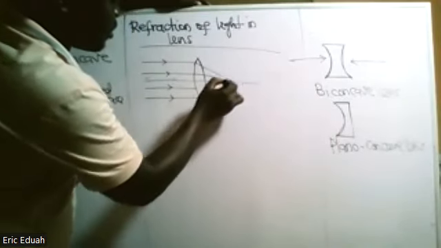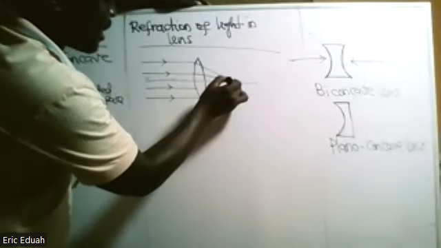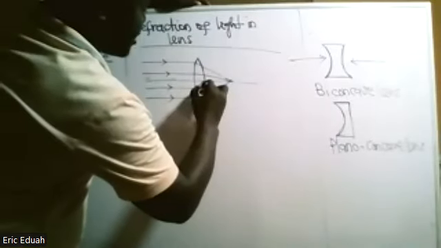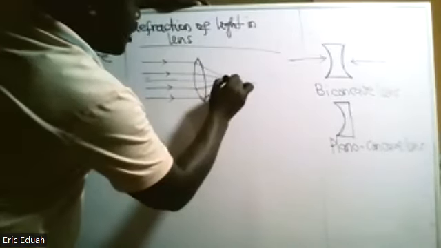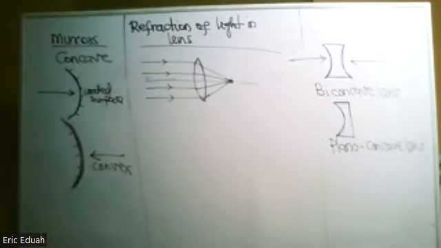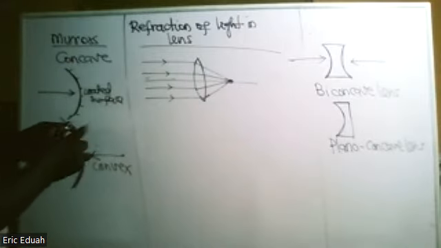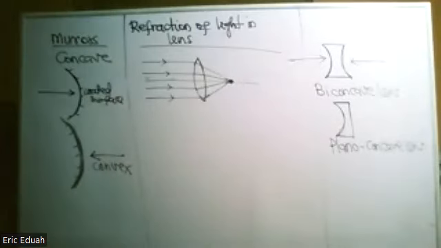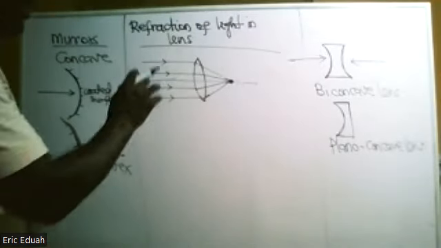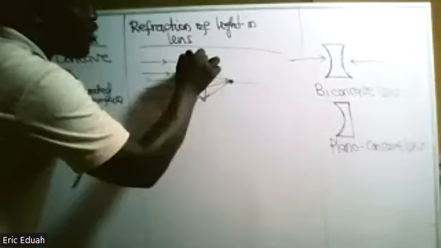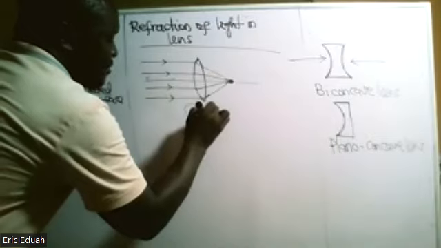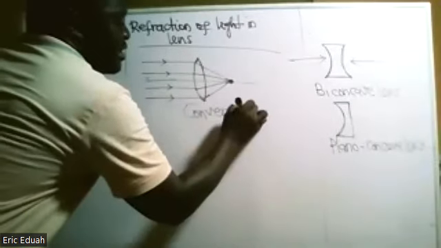This ray would also refract, intersect at this point, and then this one would also meet here. So for convex lenses, rays that are parallel and close to the principal axis all converge at the other side. So that is why a convex lens is also termed a converging lens.